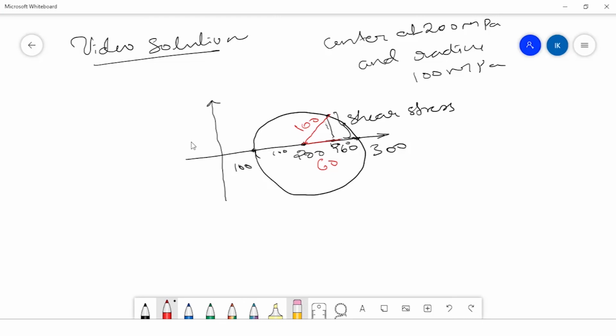Now it is a right triangle, right? So we will draw this right triangle. This is 60, this is 100.